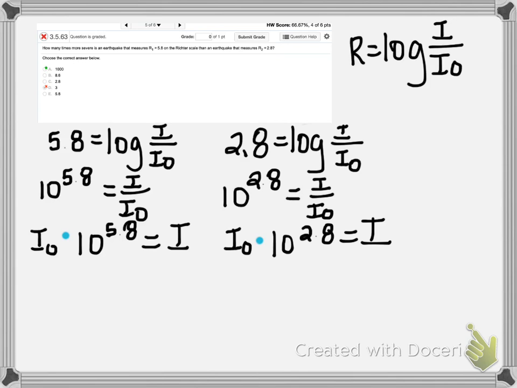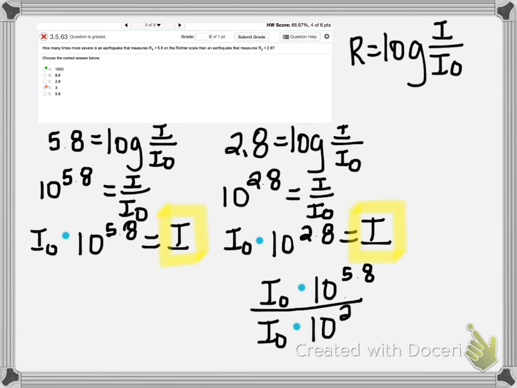Alright, and then from there, again, we now know that the I's should be what we're looking for, so we can go ahead and divide those out. We are going to take I sub 0 times 10 raised to 5.8 and divide it by I sub 0 times 10 raised to 2.8.